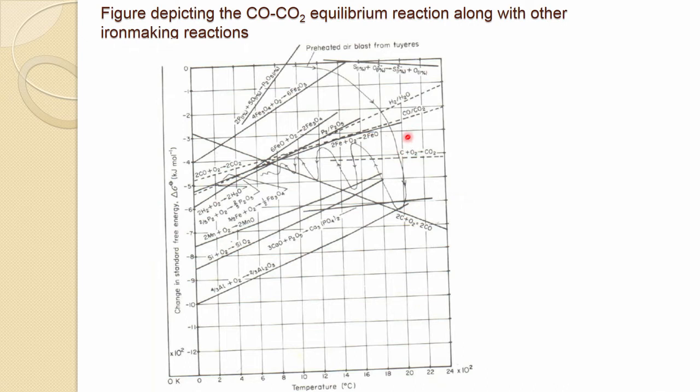So, CO2 forms and the CO2 becomes high, but as soon as it comes in contact with the excess carbon, CO is formed. This is a CO line. Now CO is formed, but the CO comes in contact with the wustite, FeO, so it reduces the iron.